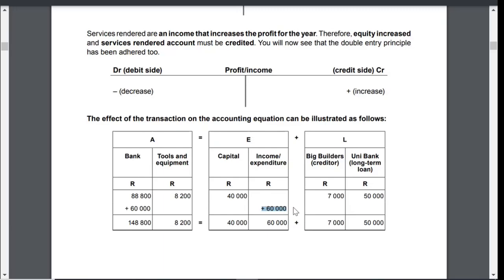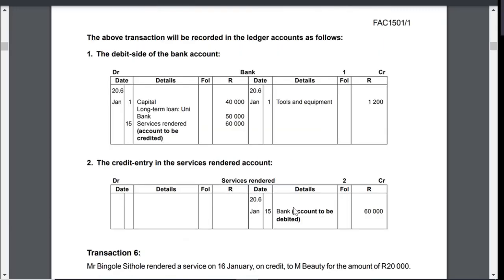And how will the general ledger look? The bank account will be debited with 60,000, because it's an asset increase, on the debit side. Service was rendered, money came in, the client paid cash.